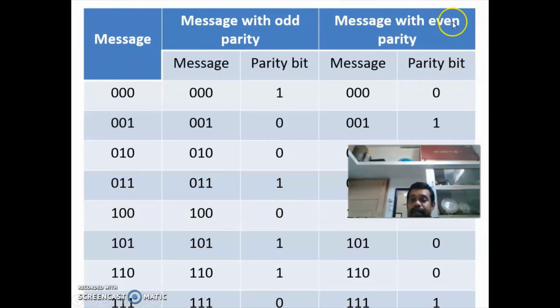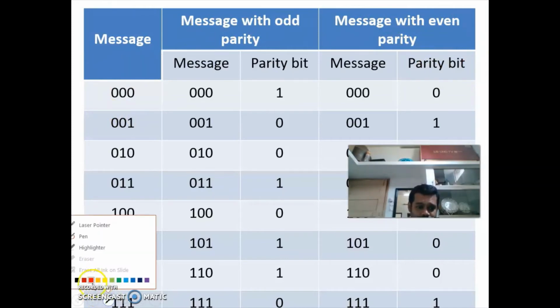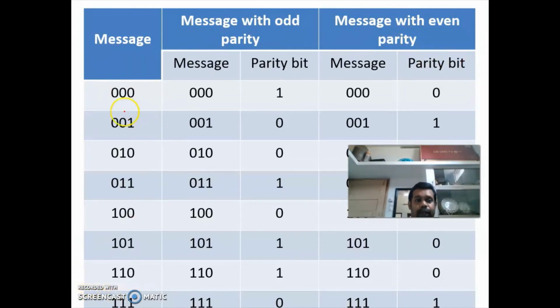Now you come to even parity. You consider the first message 000. It has no ones, so we consider 0 as even. So the parity that you include is 0. Next we consider the second message 001.